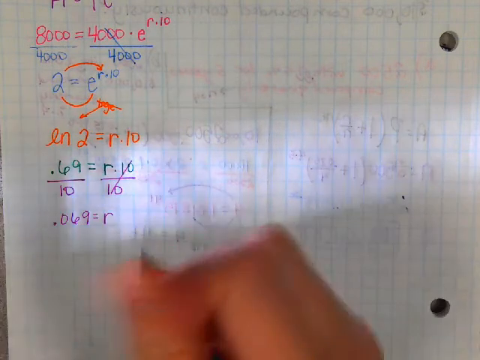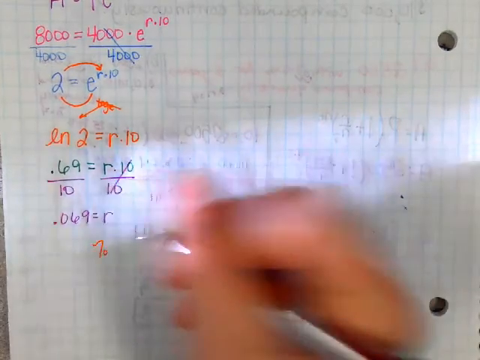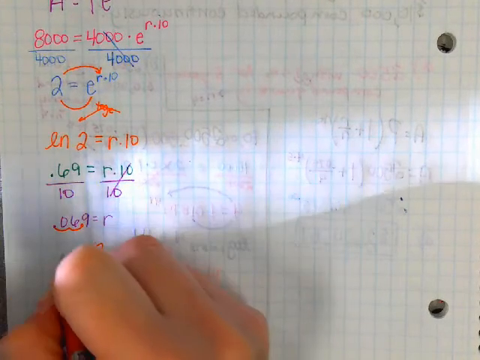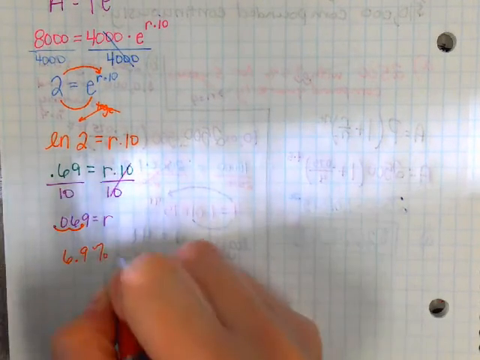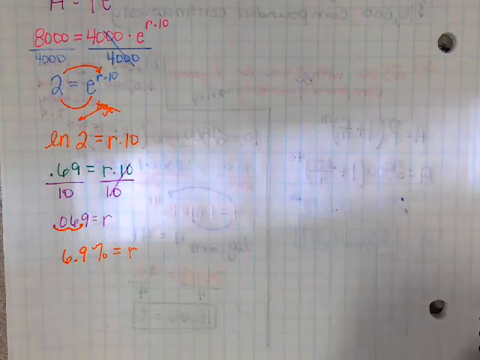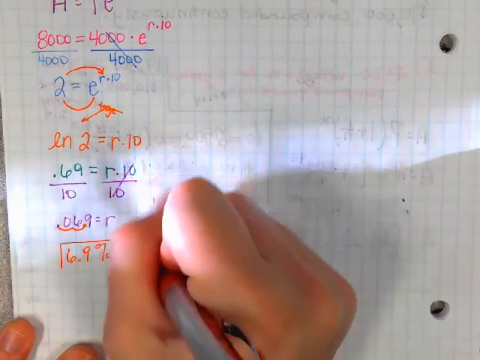Now, that's our rate as a decimal. On a multiple choice test, that's going to be an option, and it's going to have a percentage sign at the end. If I want to have the percentage sign, I would have to move the decimal once, twice, so that it'd be 6.9%.